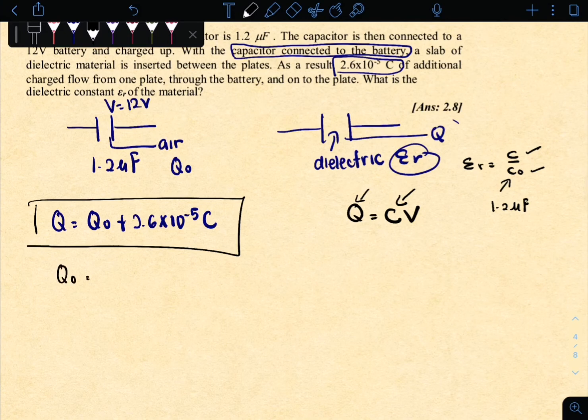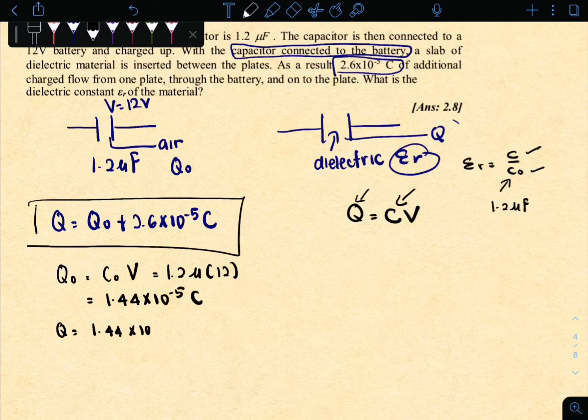Q naught dekat sini akan jadi C naught V, di mana C naught adalah 1.2 micro, V adalah 12. You press your calculator, you'll get the value of Q naught sebanyak 1.44 times 10 to the power negative 5 coulomb. Next you can find the value of your Q by adding 1.44 times 10 to the power negative 5 with 2.6 times 10 to the power negative 5 coulomb.